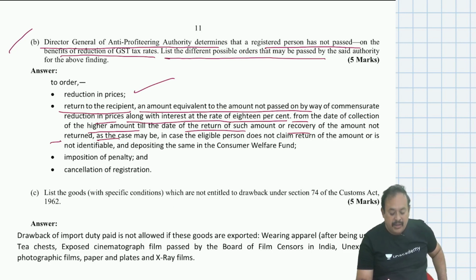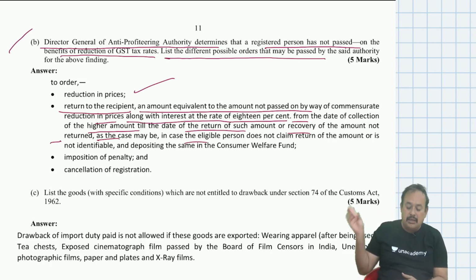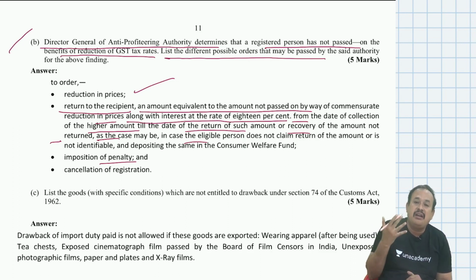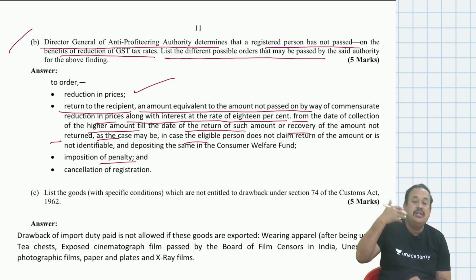In the case the eligible person does not claim return of the amount or is not identifiable, depositing the same with the Government consumer welfare fund account, or order imposition of penalty or to order cancellation of registration. These are all consequences on account of reduction in the prices or reduction in the taxes where the benefit has not been passed on to the end user.